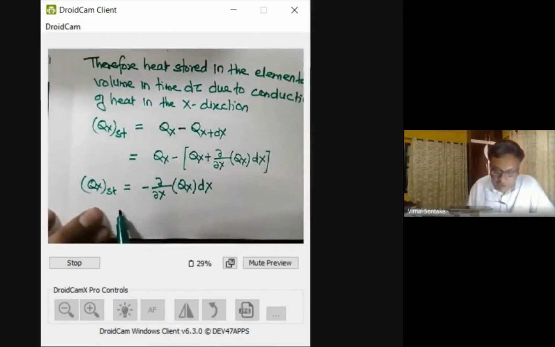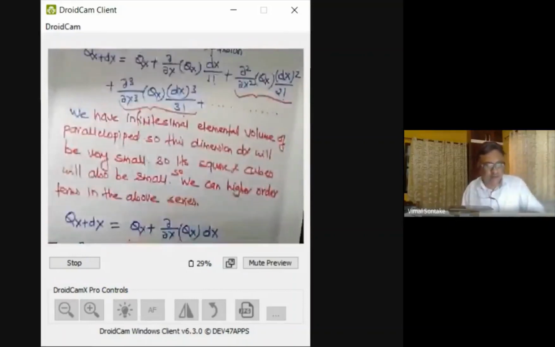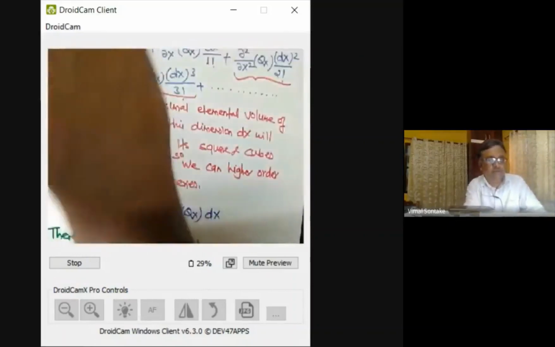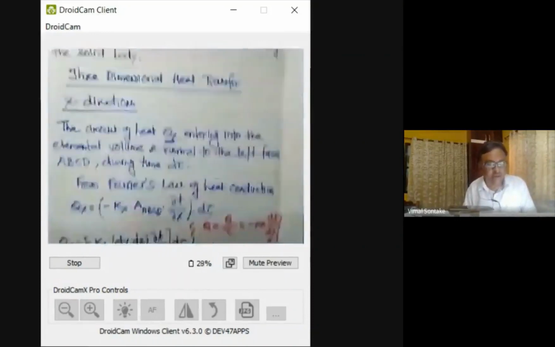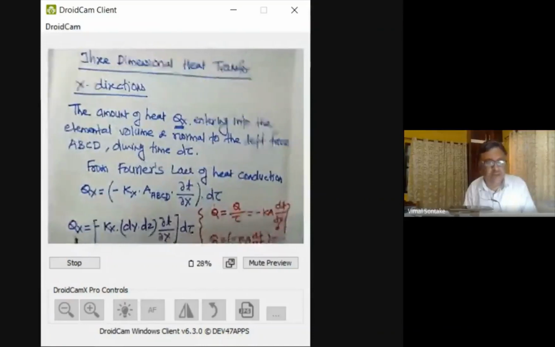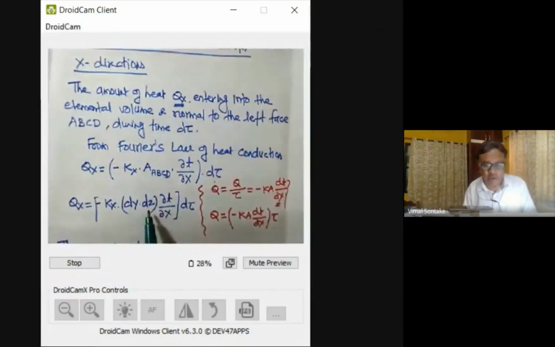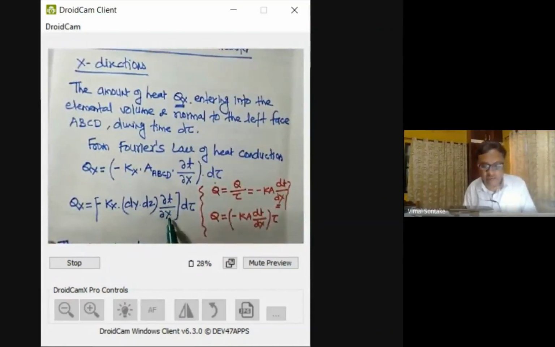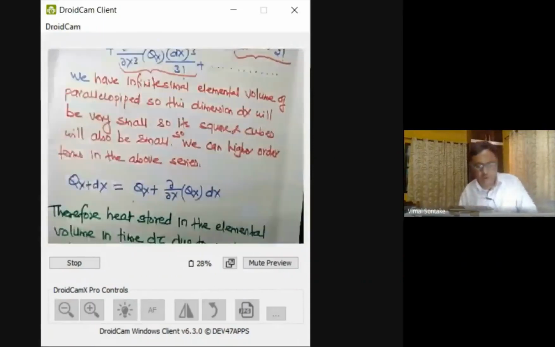Now let me put the value of this qx from this expression. The expression for qx is this. Qx is equal to minus kx dy into dz into del t over del x, the entire term multiplied by d tau. So let us put this expression into the expression of stored energy.